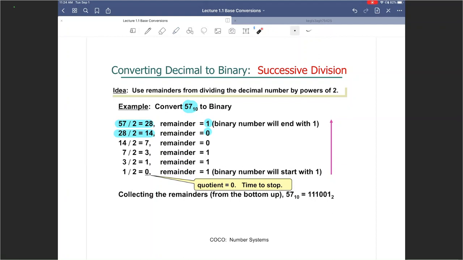When you record the remainders, you read them backwards: 1, 1, 1, 0, 0, 1. That will be your number. So this is a way to quickly check. And where do you stop? You stop when the quotient becomes 0.